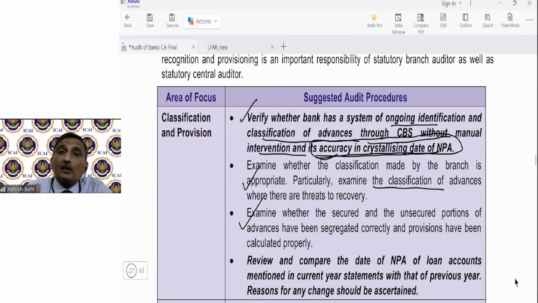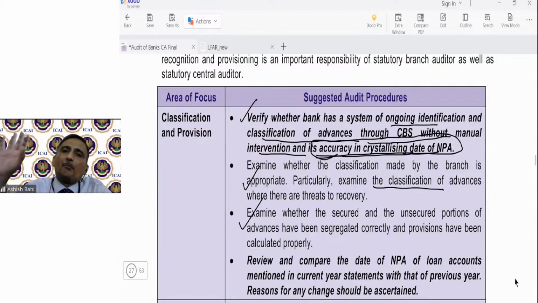Because you know that in case of doubtful assets, provision depends upon how much amount is secured and how much is unsecured. We know that in D1 category, 25% provision is made in respect of secured portion, and 100% provision is made of unsecured portion. Okay.